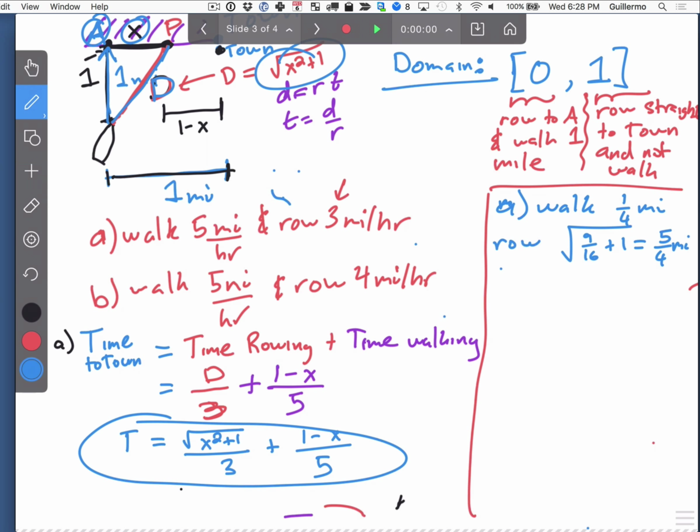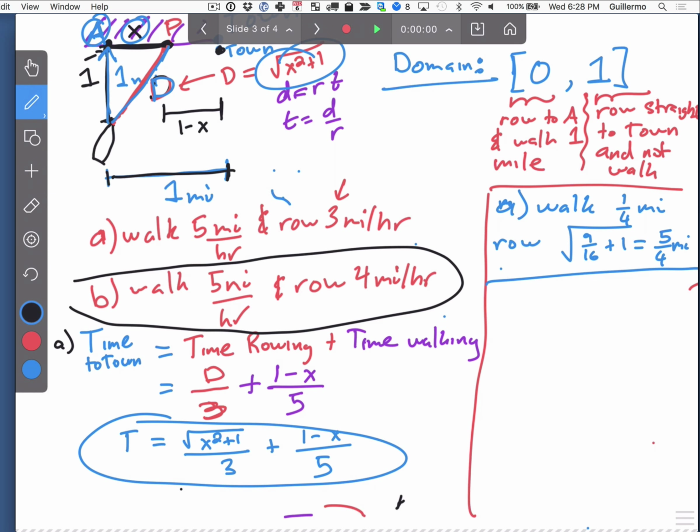But just thinking a little bit, without going through all the work here, how would part B change, hypothetically? We're rowing faster, which means that instead of P being here, where is the optimum spot going to be moved to? Closer to town or further away from town?